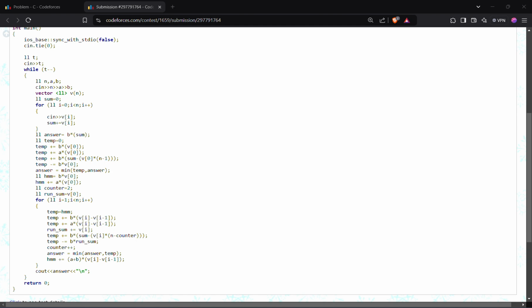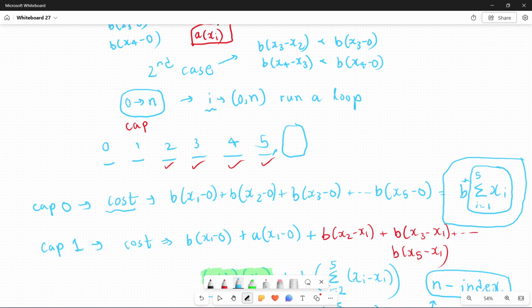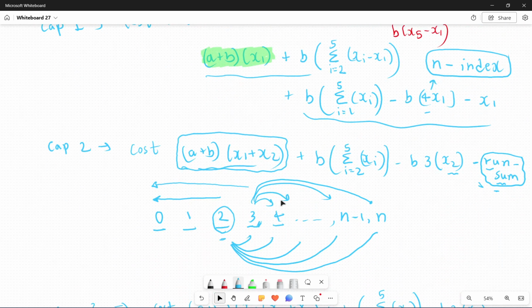You can say temp is reserved for this thing, conquering and setting capital at the ith index. So this thing is taken care of by temp.